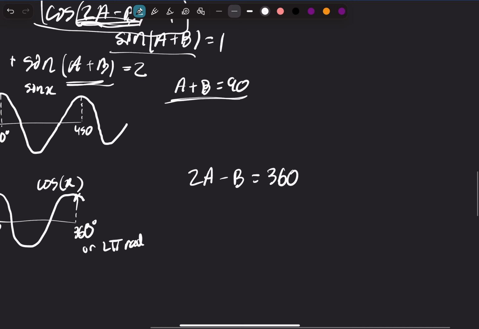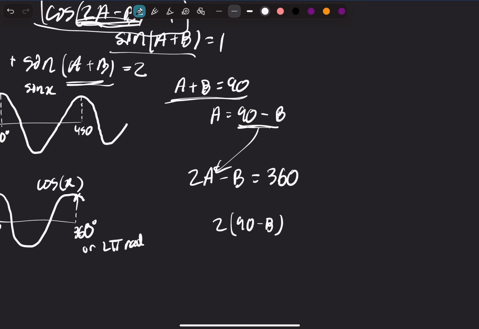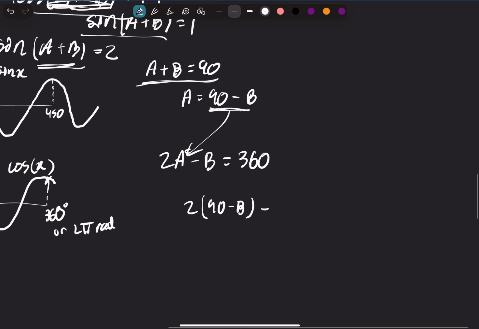Now we're also given that a plus b is 90. So if a plus b is 90, then a equals 90 minus b. And so 2 times 90 minus b, so what I've done there is substitute this thing in for a. So 2 times 90 minus b equals 360.